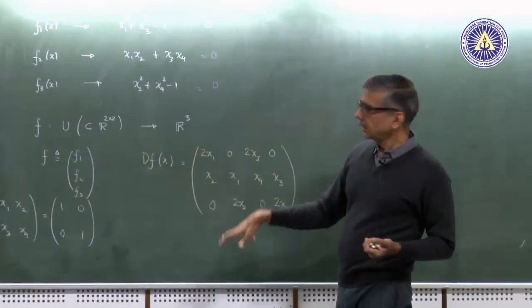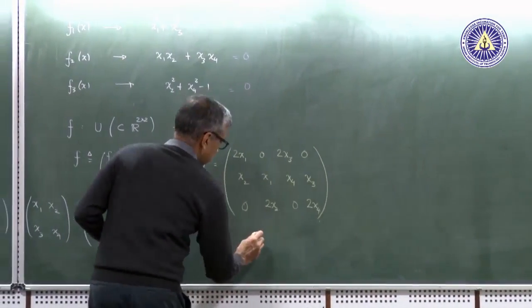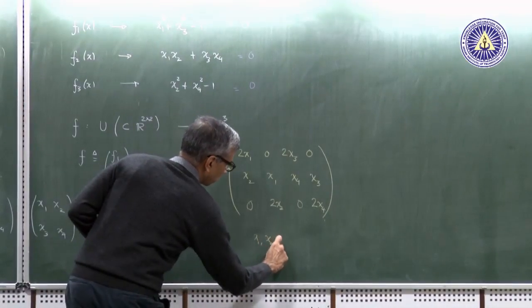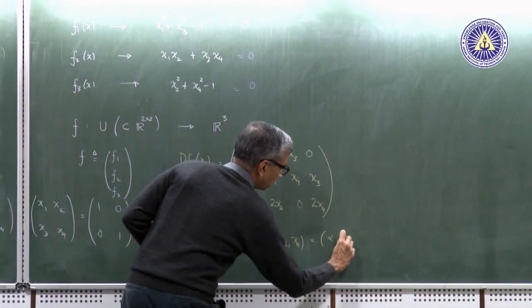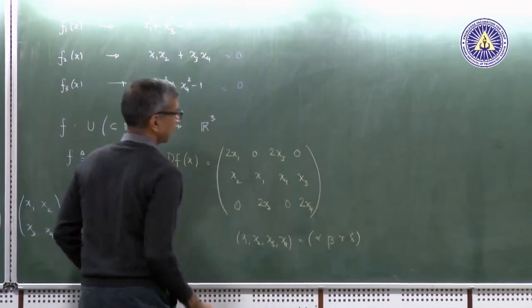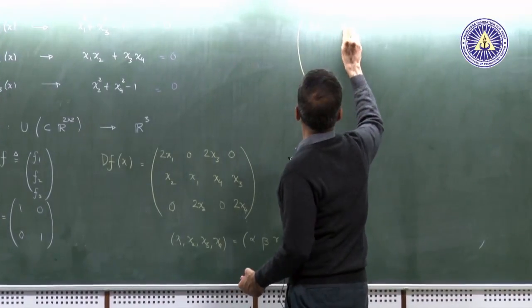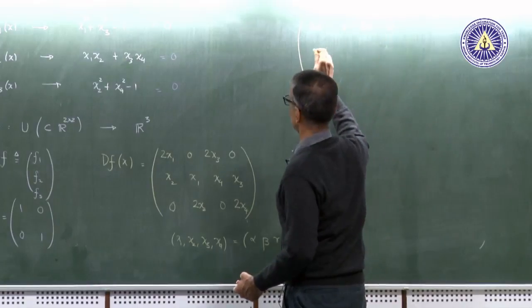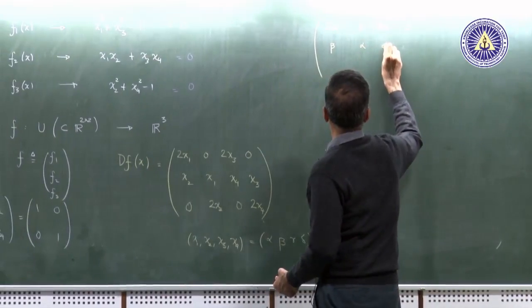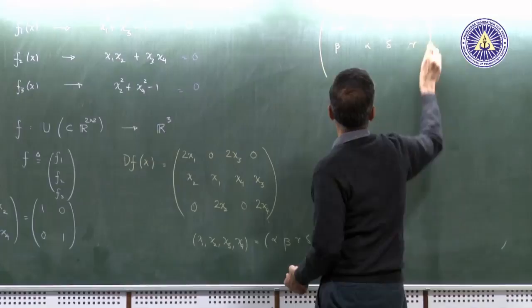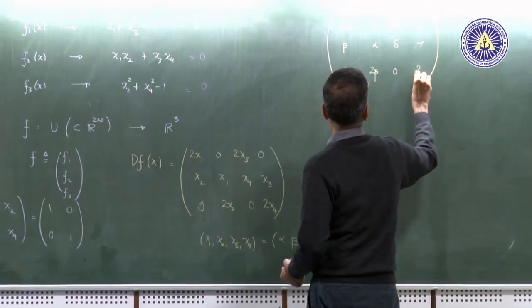So if I give you any number in R3, let's take it at, just as before, some point alpha, beta, gamma, delta. So what will this be? Correct?